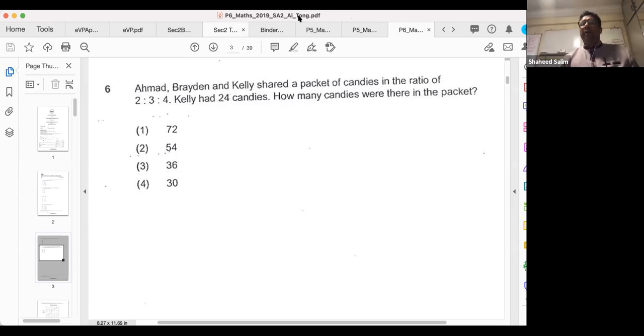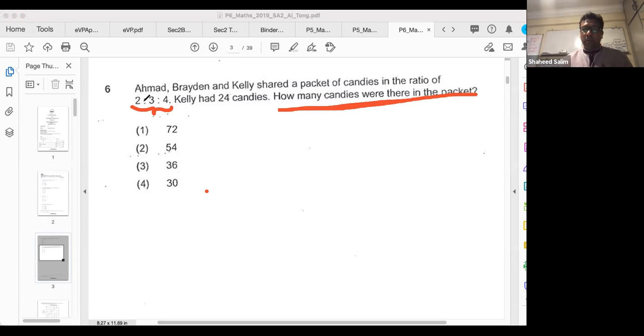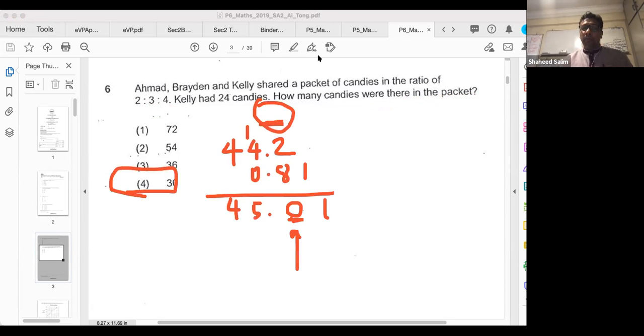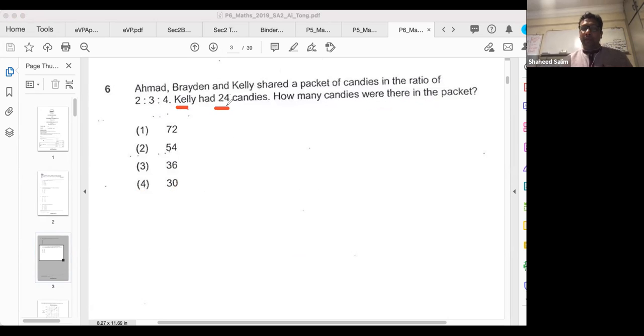Okay, everyone also looks very tired. Never mind, I will help you guys. How many units are there altogether? You add that up. 4 plus 3, 7. 7 plus 2, 9. Something is wrong. There's a mistake. Oh, no, not a mistake. No mistake. You want the total, 9 units, because that's the total. But they tell you that Kelly has 24.